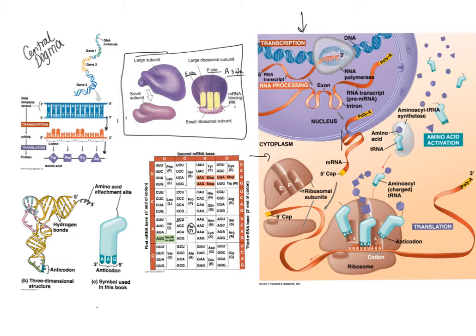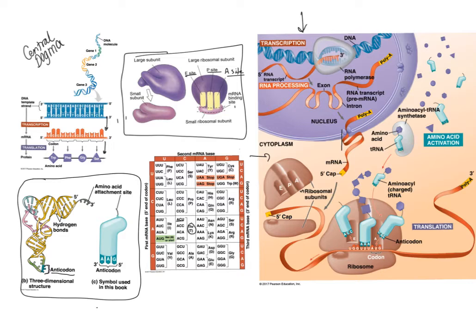And so the way that this works is that these tRNA molecules, which look like this, contain a specific anticodon that matches up with the corresponding codon on the mRNA transcript. And each specific tRNA contains a specific amino acid that corresponds to the anticodon and codon.